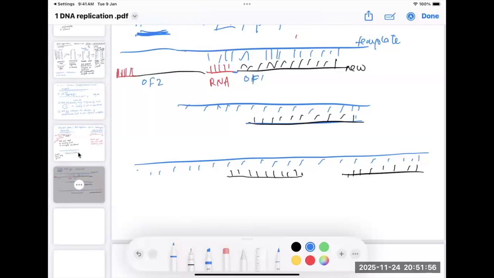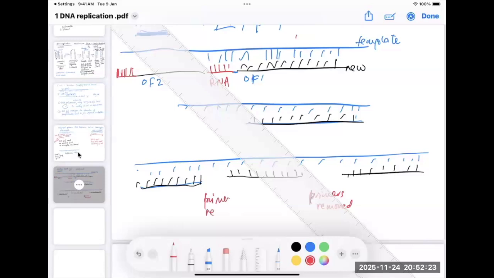But how come it can't just be one RNA primer at the start, then the whole thing is... Yeah, I'll show you later on. Okay, so what happens now is if there are several fragments like this, after they remove the primer, they have to now close the gap, right?